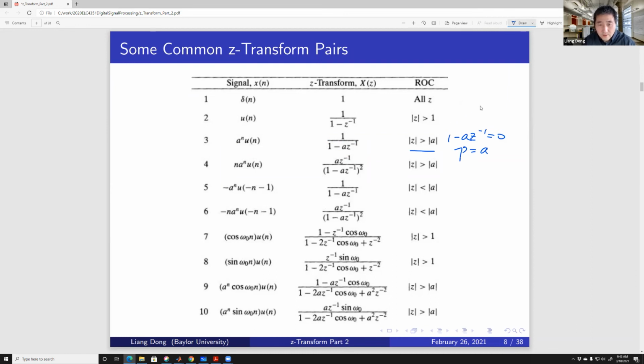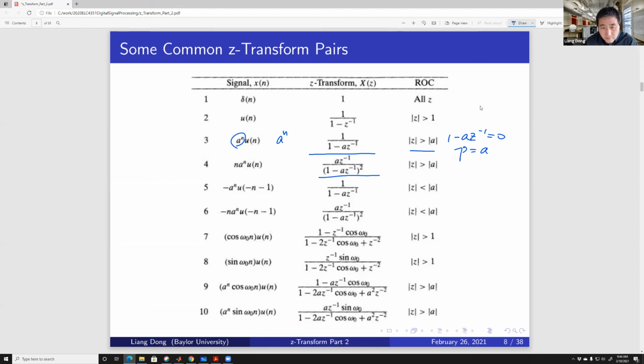The first one: I have something on the denominator of order 1. Remember, it's subtract a, where a is my root, so the result is a to the power n. Another line I'm going to use is 1 subtract a z to the power -1, squared, and then on the numerator I have a z to the power -1.